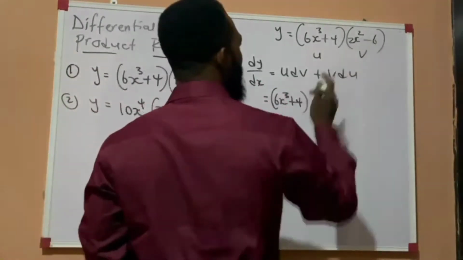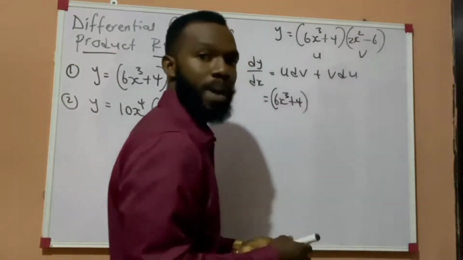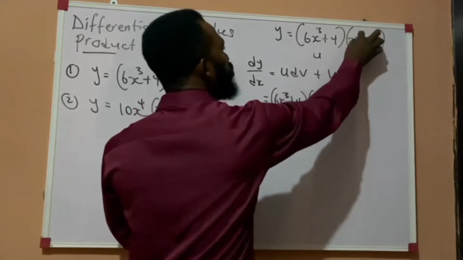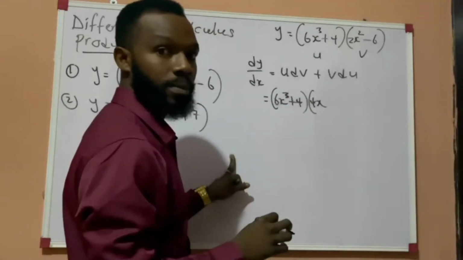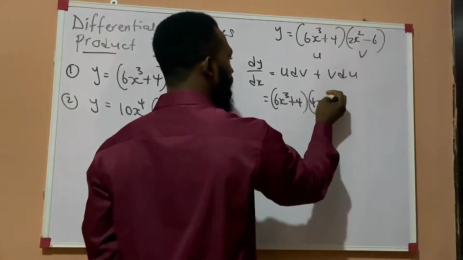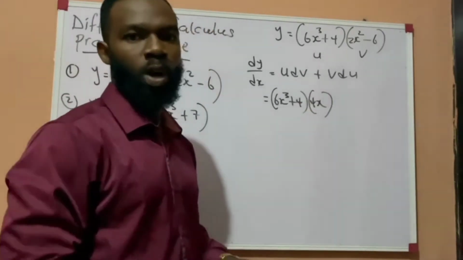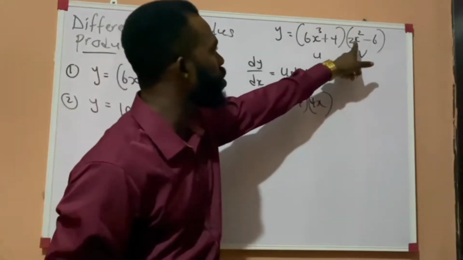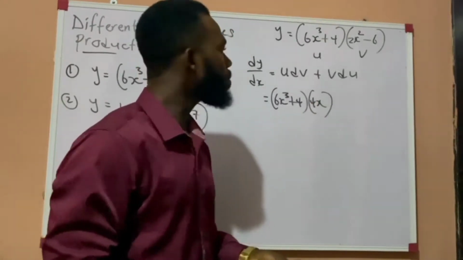Our v is 2x squared minus 6. If we differentiate it, 2 times 2 gives us 4, and 2 minus 1 gives us 1, so no need to put the power. When I differentiate 6, I get 0 because 6 is a constant. So differentiating 2x squared minus 6, I will get 4x.